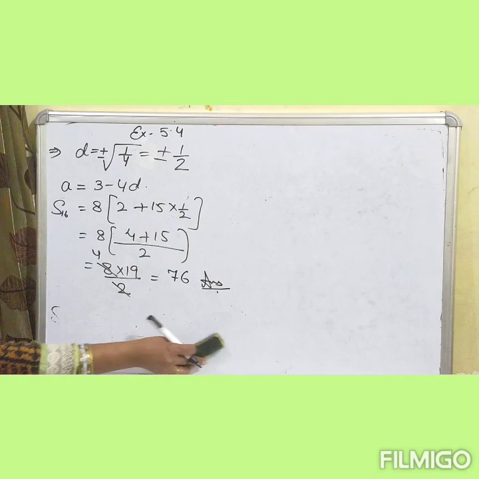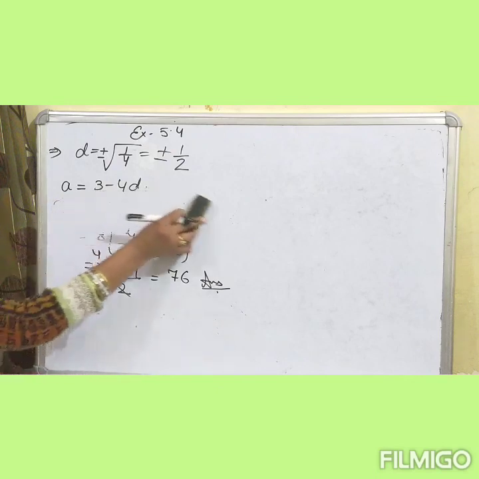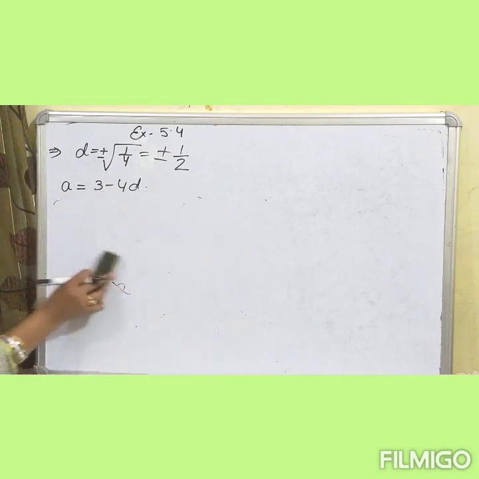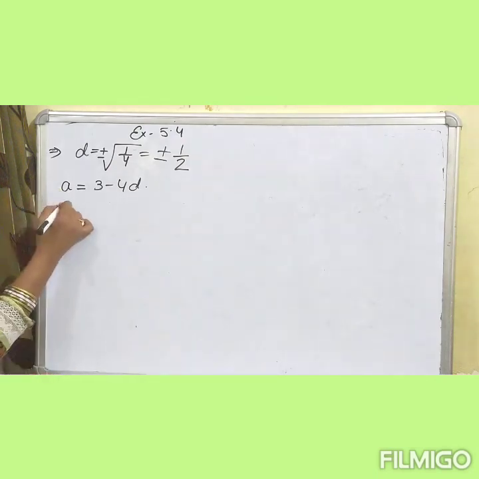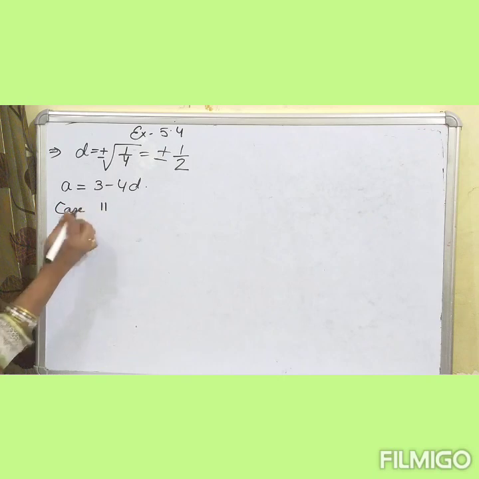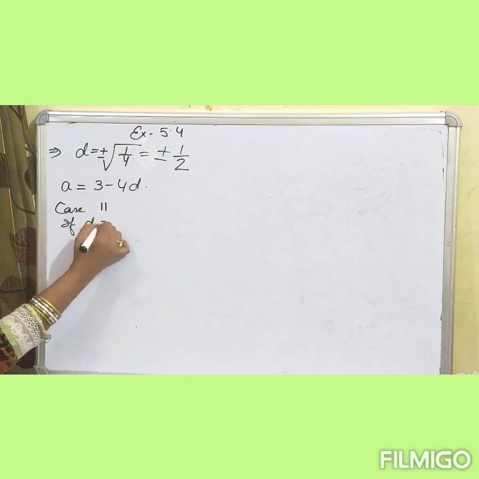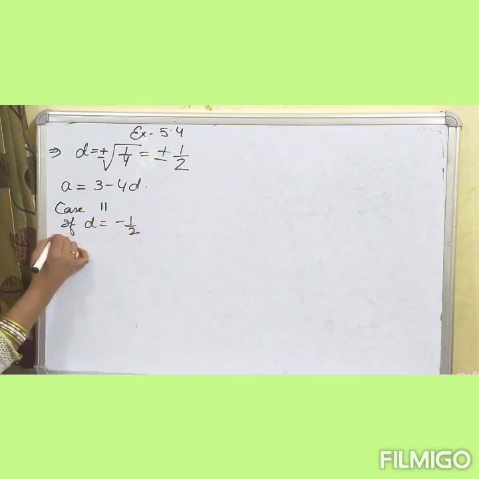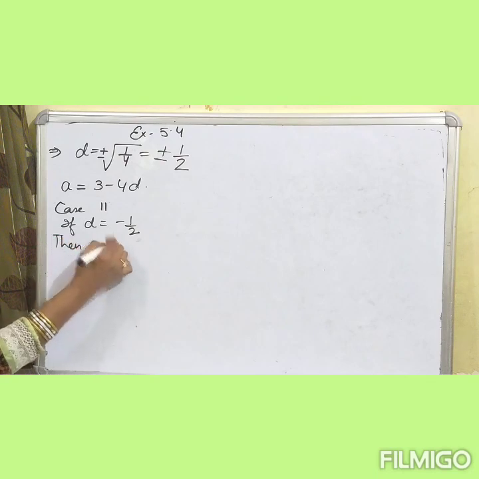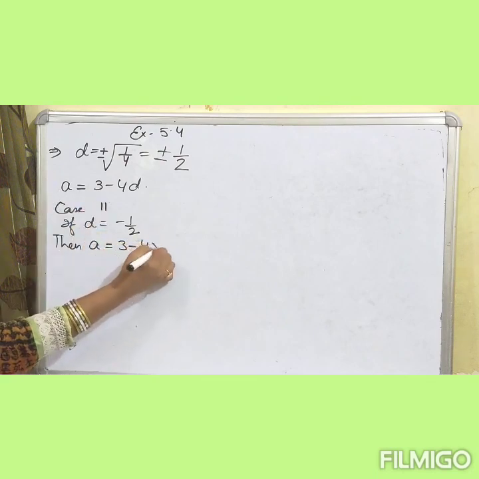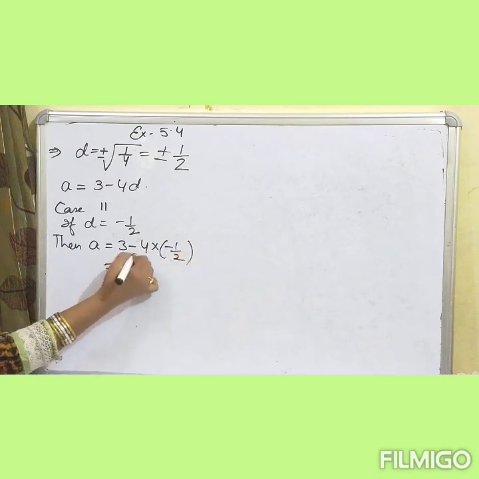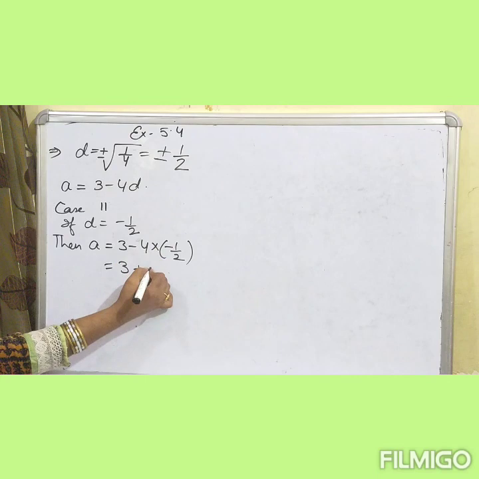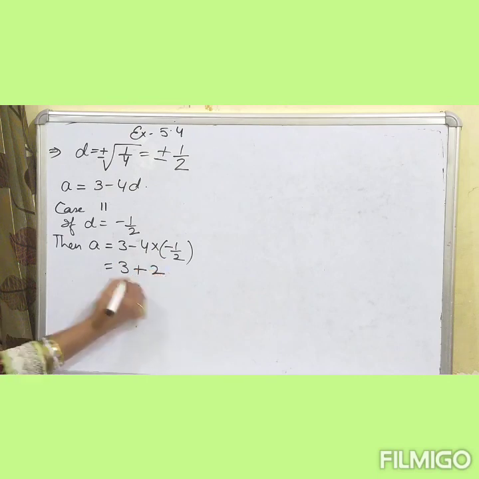Now we have to find out the value of S16 from case 2 also, when the value of D is minus 1 by 2. So let us see case 2: if D is minus 1 by 2, then A will be 3 minus 4 into minus 1 by 2, that is equal to minus minus plus, 2 2s are 4, and it will be 5.